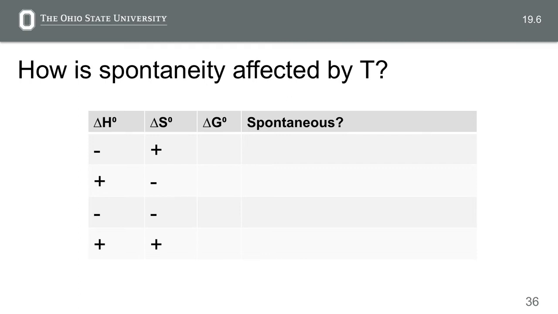So let's write our equation again, because we need to see this equation in order to make some predictions here. If we have a negative value for delta H, and we have a positive value for delta S, what's the sign going to be for delta G?